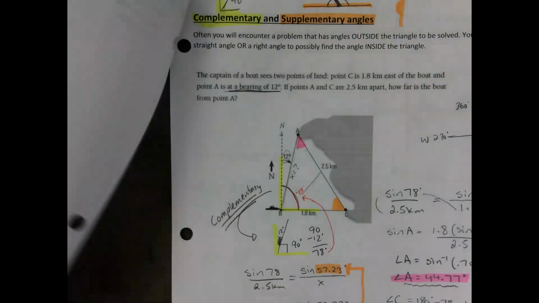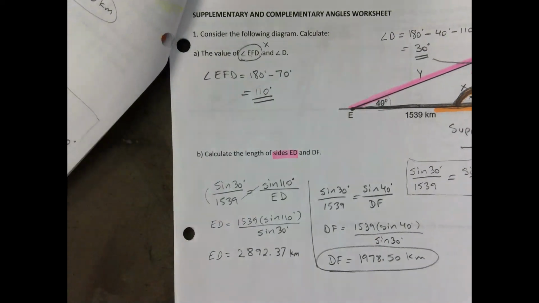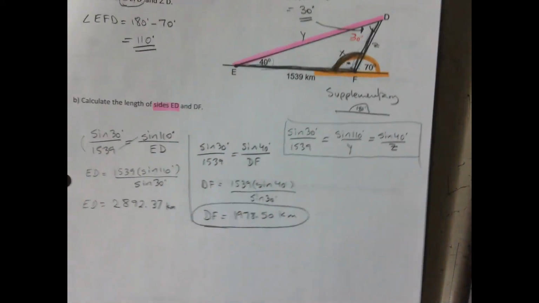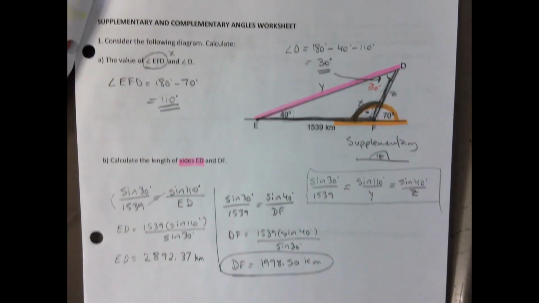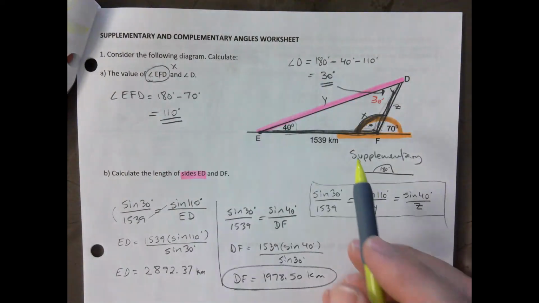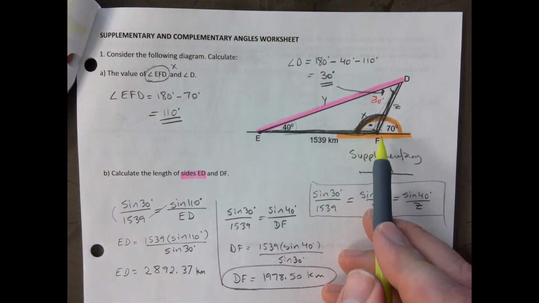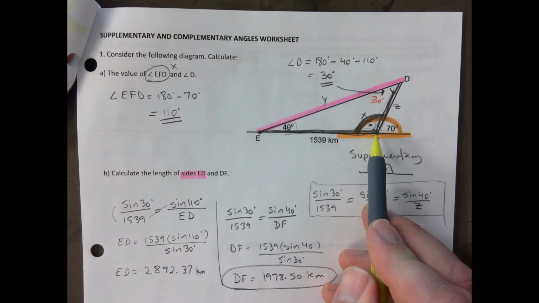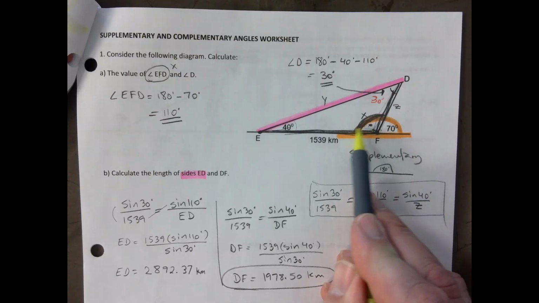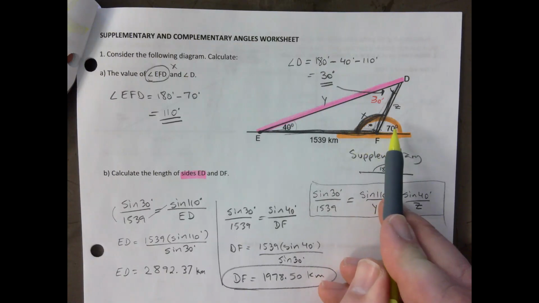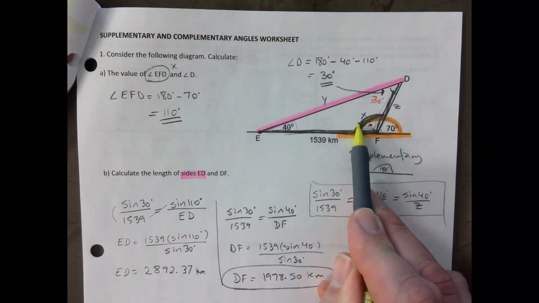I'm just going to review this part right here, if you come with me to page 34. I'm going to check your knowledge on this part. And there was one already on the AC yesterday. But if you see an angle that's outside the triangle and there's a straight line, guess what? They add up to 180. So subtract this one from 180 to get this angle.